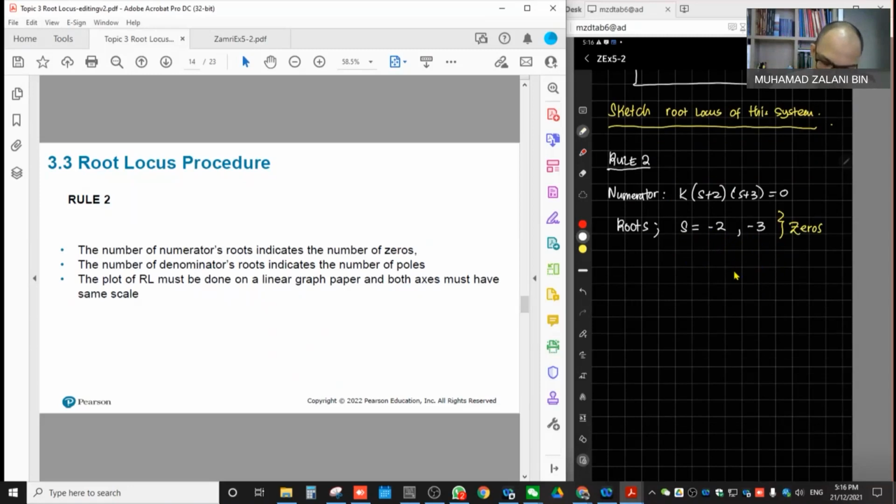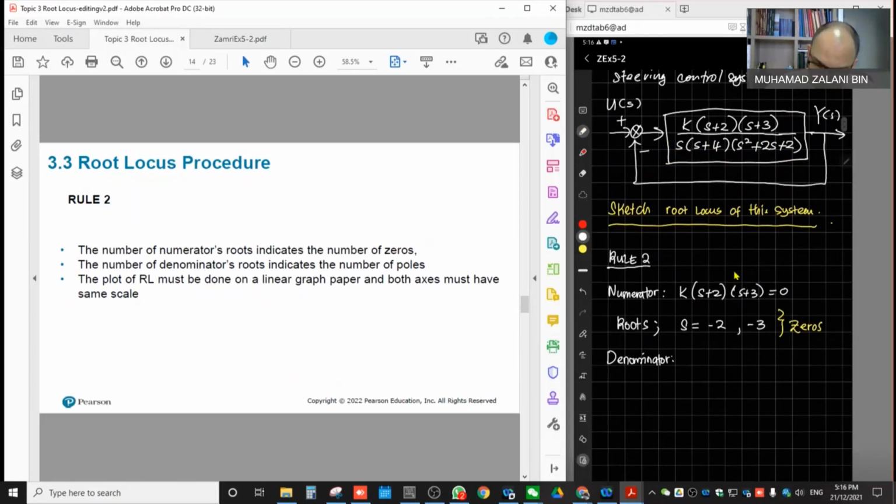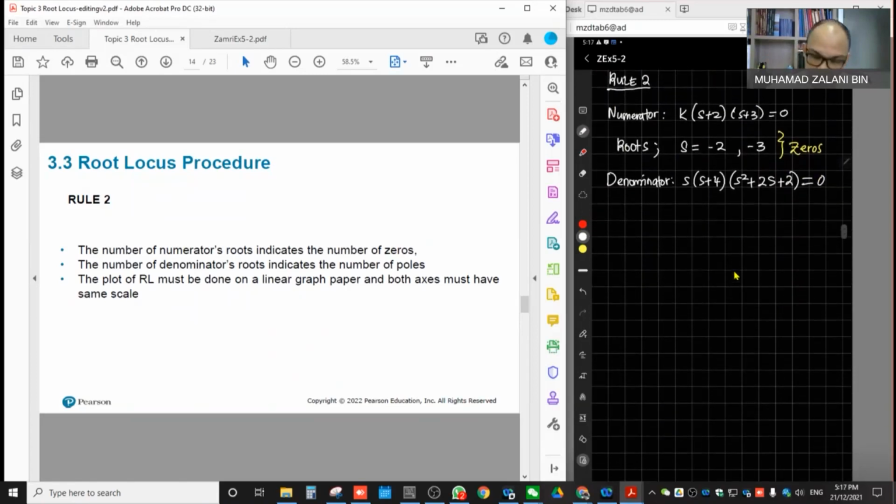Then we find the denominator roots. The denominator equation is s(s + 4)(s squared + 2s + 2). Force this equation to 0 so that we can find its roots.